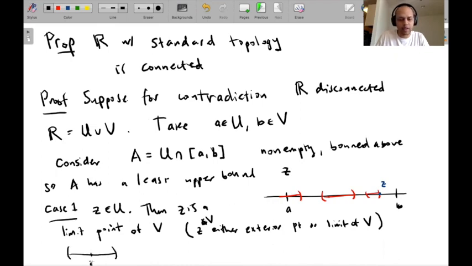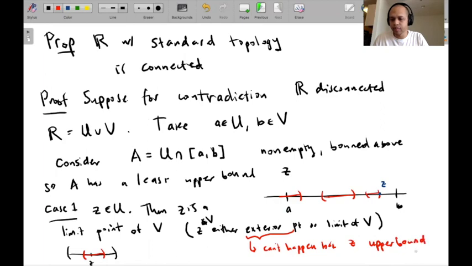We have Z, and around Z there's a small ball which is contained in U. But this can't happen because Z is supposed to be an upper bound for U. Z is supposed to be greater than every element of U. So this can't happen because Z is an upper bound for U.